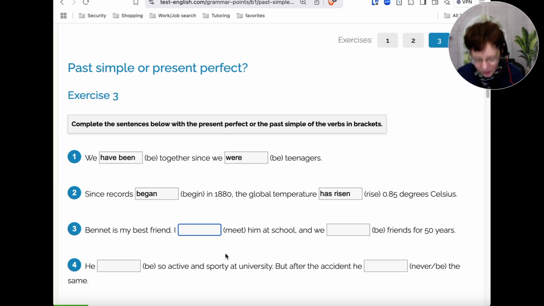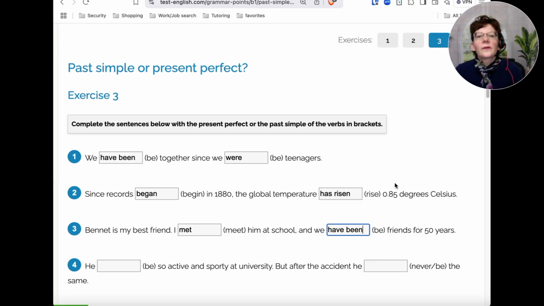When the person met. Okay, so we want past simple. Met him at school and we. Okay, we're talking about a duration of time here, so we want what? Have been. All right. And it's still continuing here.